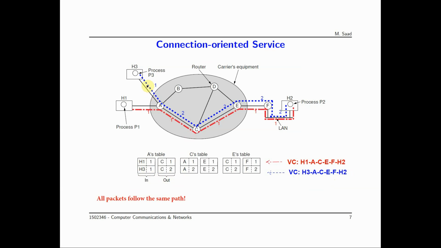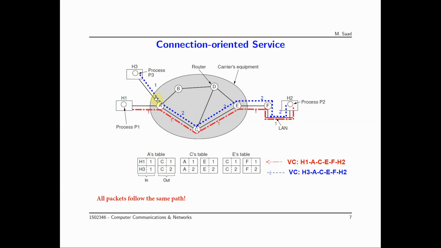We have a virtual circuit established between host 3 and host 2, and that virtual circuit follows the path from host 3 to A to C to E to F, and then finally to host 2. Let's choose the virtual circuit identifier so that we can talk about the table entry. This is the first link for the new connection host 3, A, C, E, F, H2.